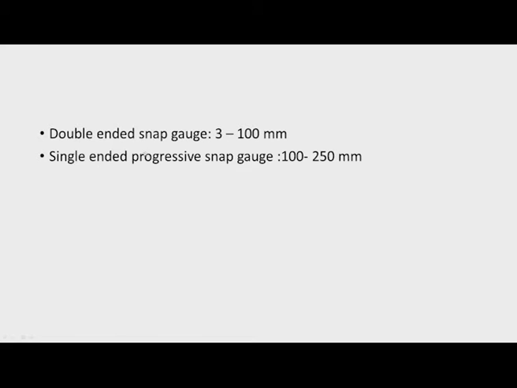Now double ended snap gauges are available within the range of 3 to 100 millimeter, and if the diameter of the shaft increases, say above 100 millimeter, then we use a single ended progressive snap gauge. It looks like this.